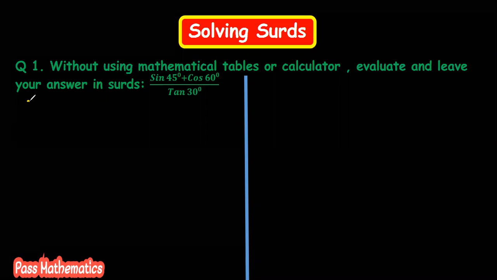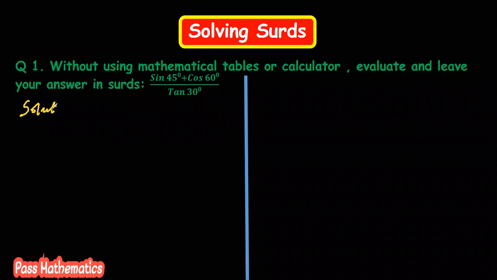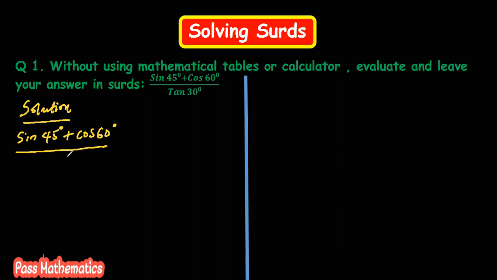So we have the solution: sine 45 degrees plus cos 60 degrees, divided by tan 30 degrees.